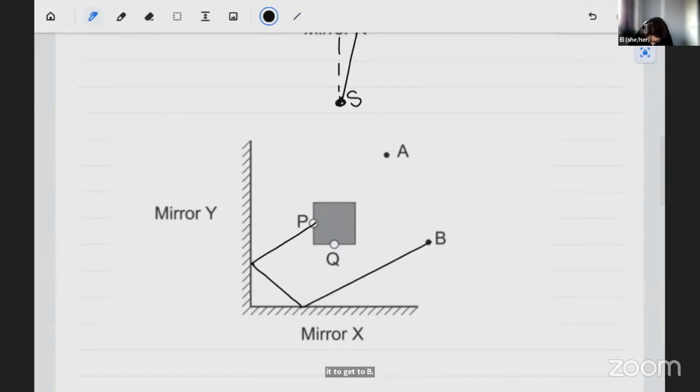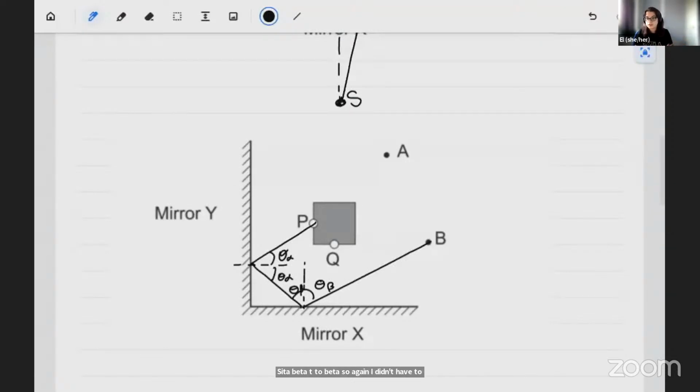So we are reflecting off mirror Y, and then that reflected light is going to reflect off mirror X, in the way I've done with all of them, because I'm not very good at diagrams. Theta alpha, and then theta beta, theta beta. Again, I didn't have to label those.